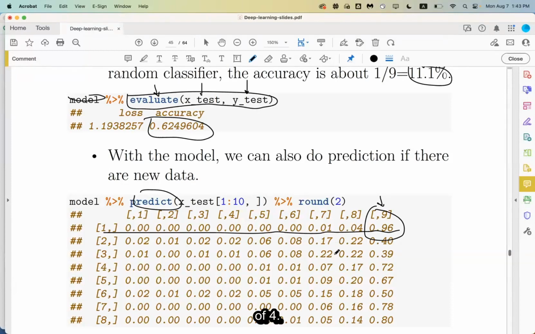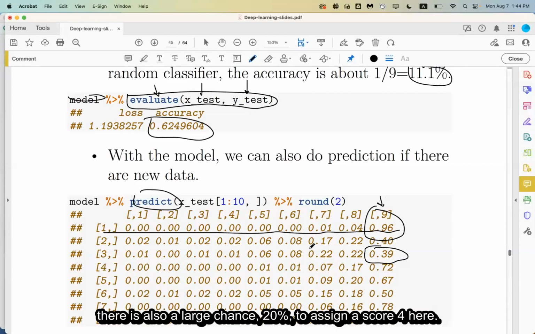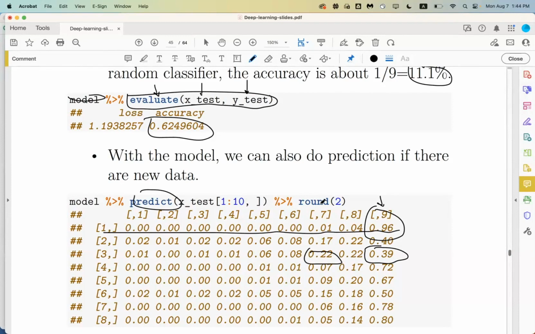For the third text, there's a 40% chance to assign the score 5, but there's also a large chance, 20%, to assign score 4 here. Remember, this is 1, 1.5, 2, and this is 5.